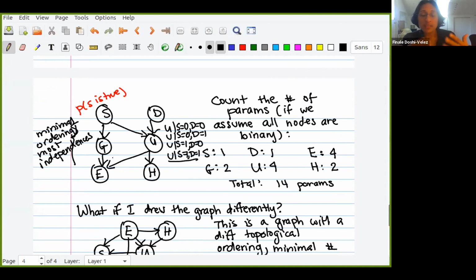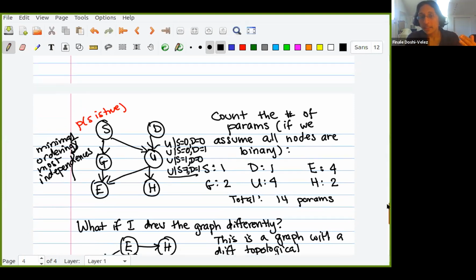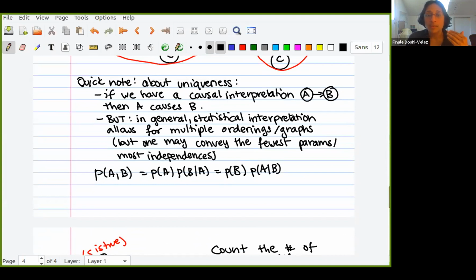So I'm pointing this out largely as an exercise: partly there are potentially inefficiencies if you do the wrong ordering, but also to point out that it's not that you can't do it, right? Because again, these graphs are not saying anything about causality, unless I specifically say that I'm working with a causal interpretation.